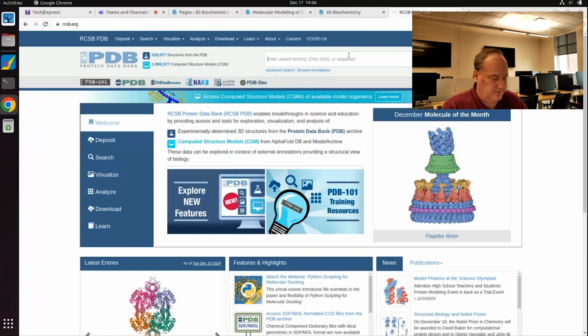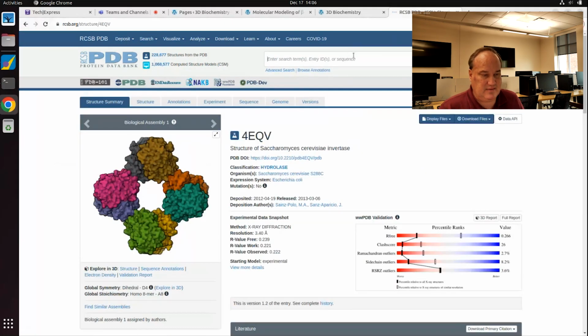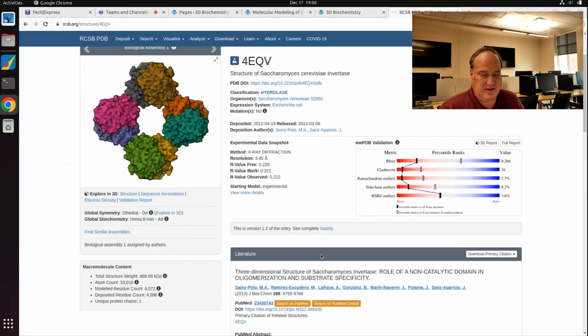You can simply search by 4EQV, and that tells us this is the structure of invertase from Saccharomyces cerevisiae expressed in E. coli. This is an X-ray diffraction file, and it's 3.4 angstrom resolution. So it's a good resolution. It's not great, but it's sufficient for our purposes, and it does have everything we need.